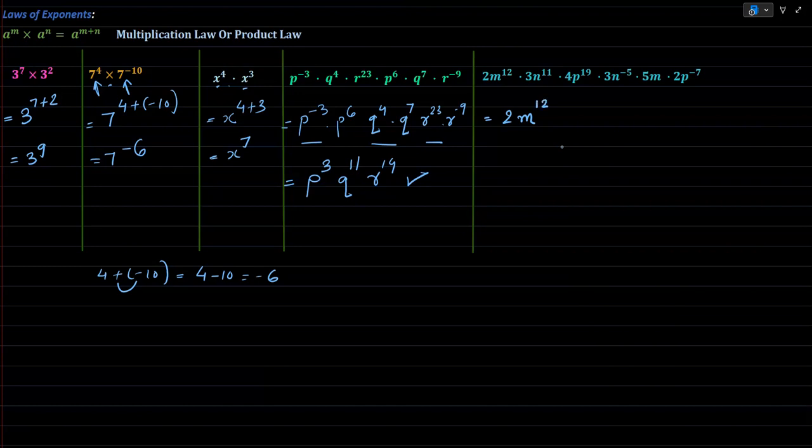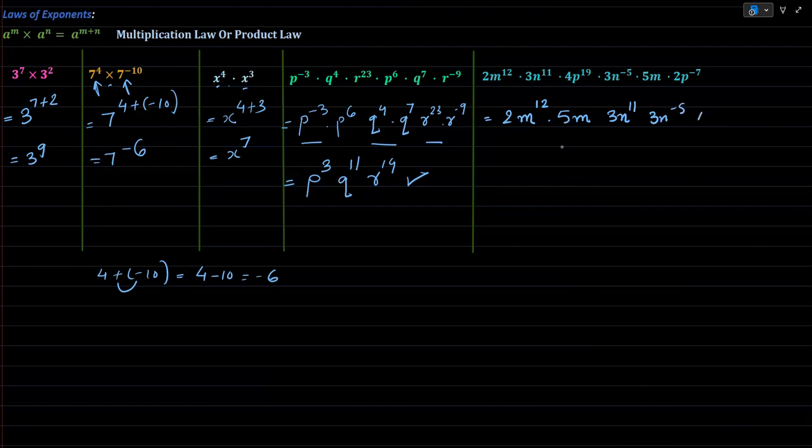So I'll write this down here. Now if I see any numbers with base m, I'll write them along with this and make a pair. So I can see there is a number with base m, so I'll write 5m. Now the next pair will be the numbers with base n, so it will be 3n to the power 11. Another term with base n is 3n to the power minus 5, so this is the second pair.